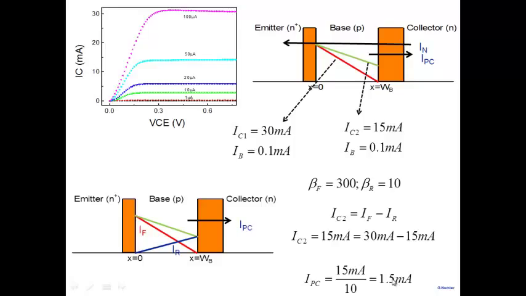I don't have 1.5. I have only 0.1. So this picture cannot be right. This picture that first I have this and then I have this cannot be right. This picture is wrong. I cannot have current decreasing because of this particular picture here.